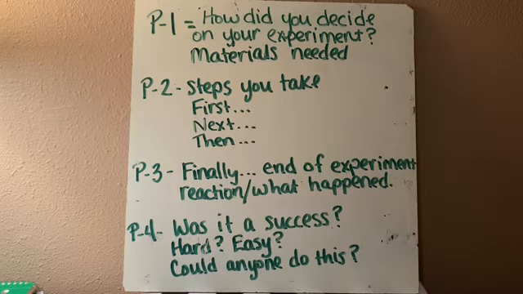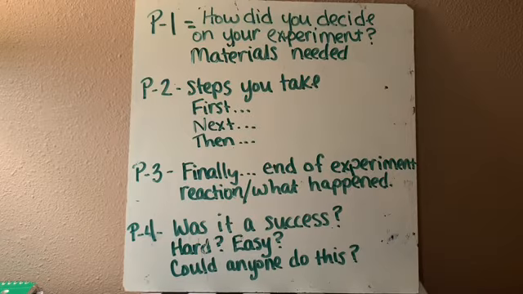Depending on what kind of experiment you have chosen, will depend on what happens or what your reaction is. But paragraph 3 is kind of the end of your experiment. So it just follows right along with paragraph 2. Okay, so the steps you take, paragraph 2, and then paragraph 3 is that final step, the end of your experiment.